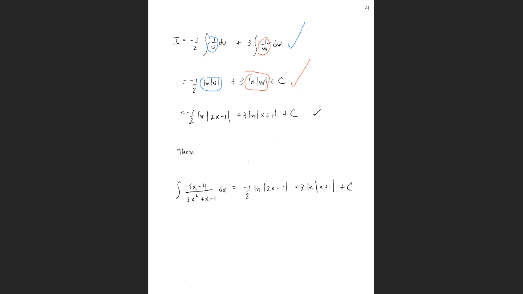So we have to take u and substitute in what u was. Well, u was 2x minus 1. And we have to take w and substitute in what w was for our final answer. w was x plus 1. And so now we have our final answer. Absolutely amazing.